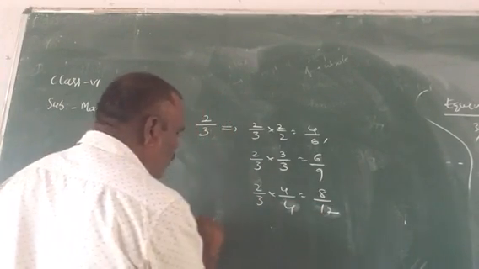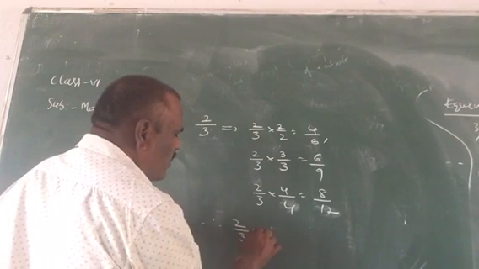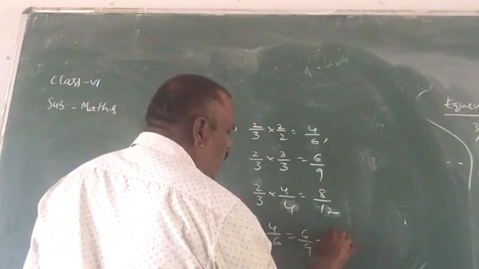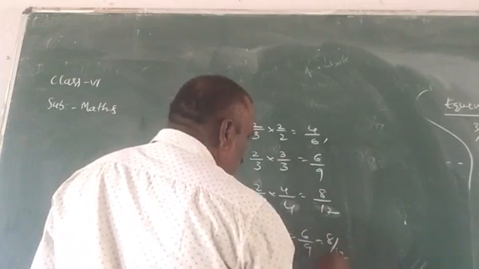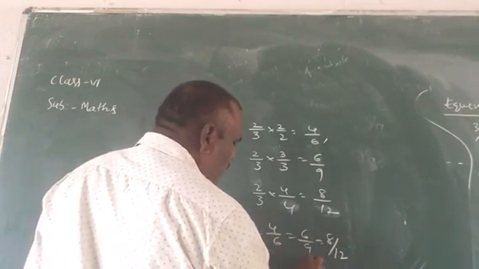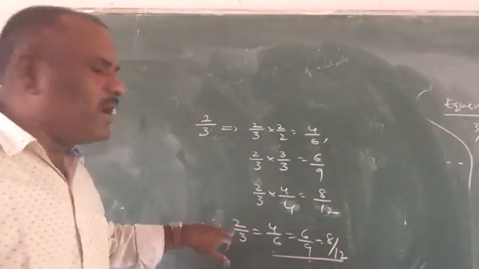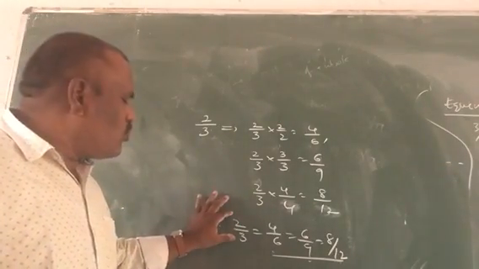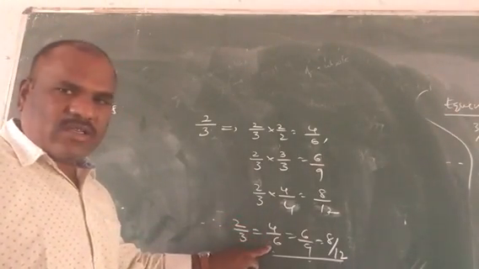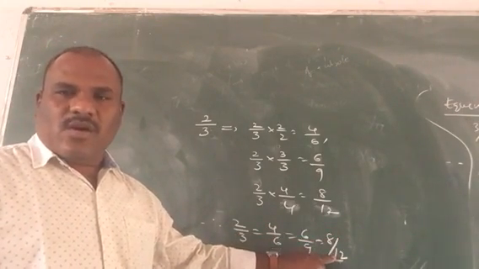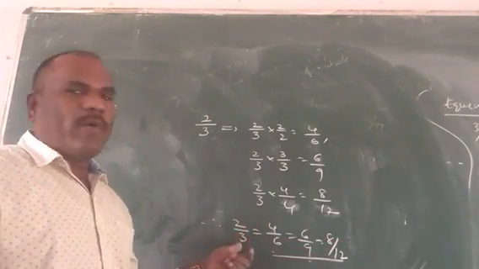Therefore 2 by 3 equals 4 by 6 equals 6 by 9 equals 8 by 12. So 4 by 6, 6 by 9 and 8 by 12 are the equivalent fractions of 2 by 3, because 2 by 3 is nothing but 4 by 6, 6 by 9, 8 by 12.